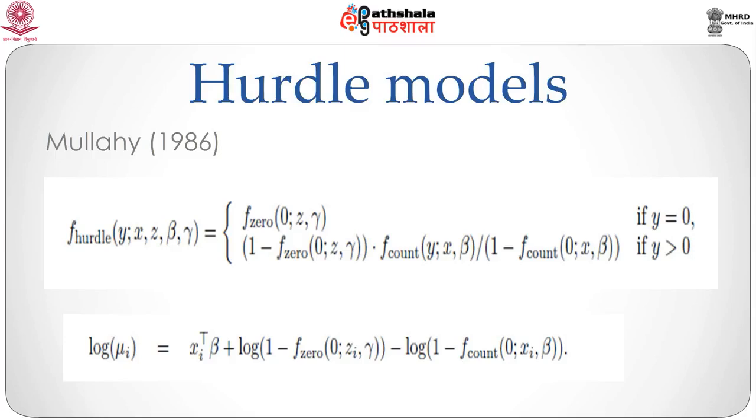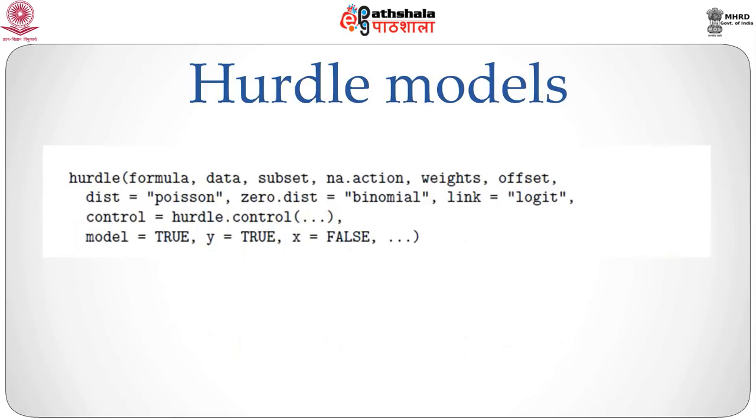The corresponding mean regression relationship is given by log of mu equal to xi prime beta plus log of 1 minus f0 minus log of 1 minus f count. This can be fitted in R also by using the pscl package and the hurdle function.